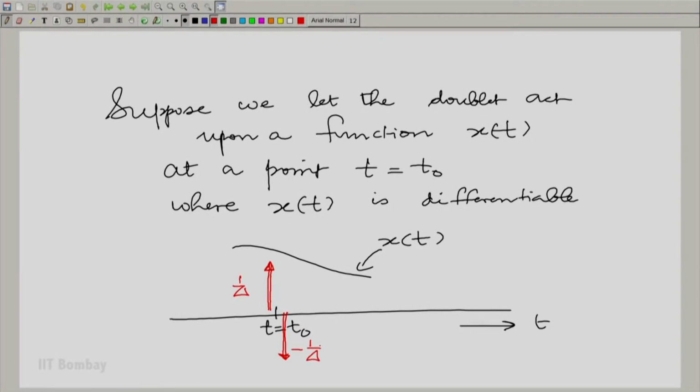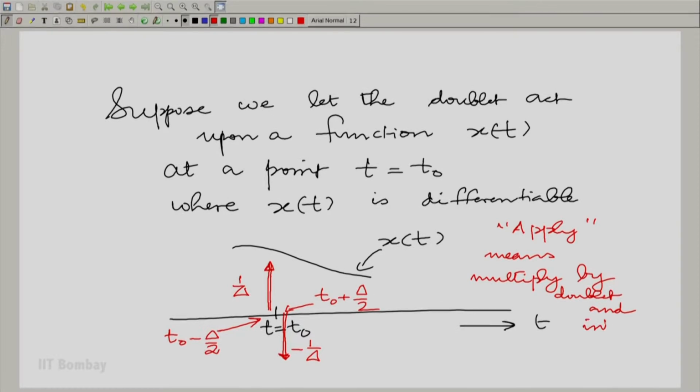You have two impulses coming closer and closer to one another. This point is t0 minus delta by 2 and this point is t0 plus delta by 2. Suppose you applied it. Apply means multiply by the doublet and integrate. So, let us write out the integral.